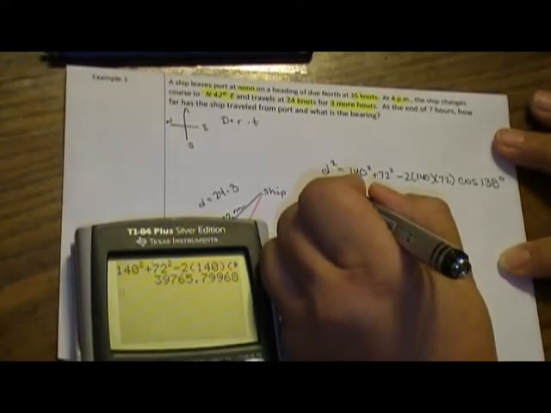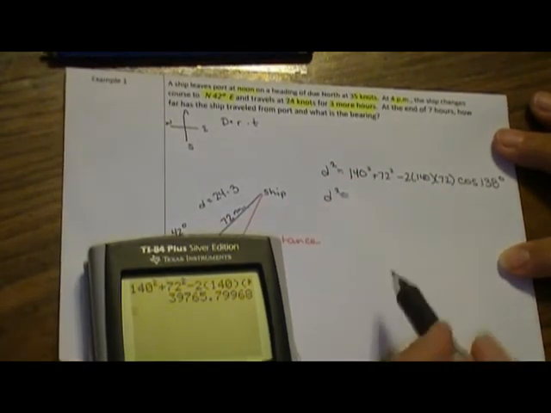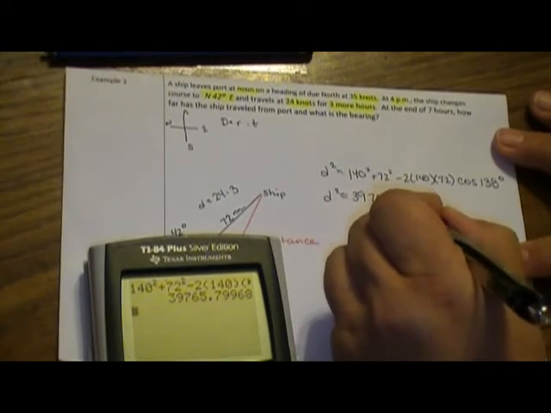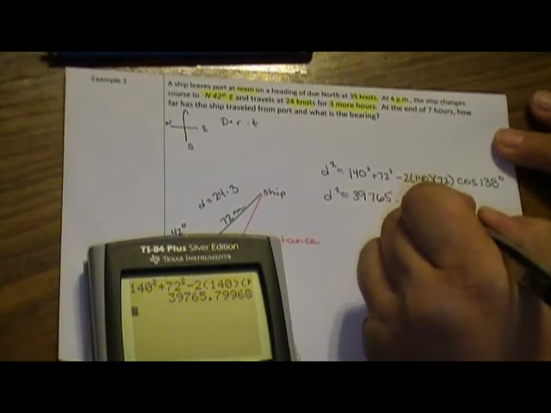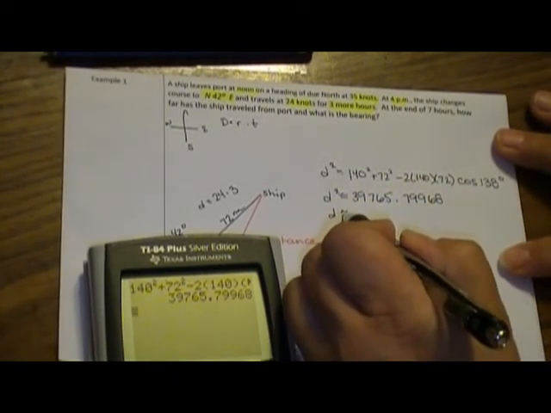And that gives me my d squared, which is 39,765.79968. But I don't want d squared, I want d, so I'm going to square root that.